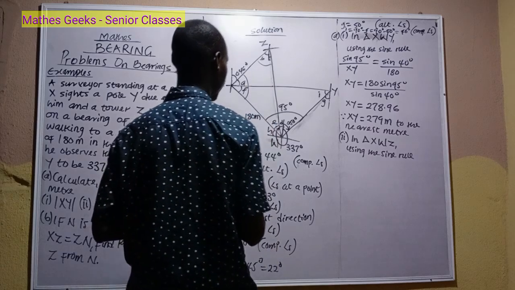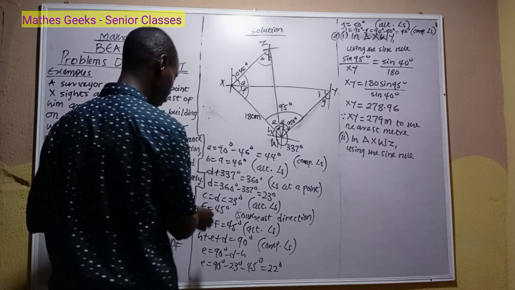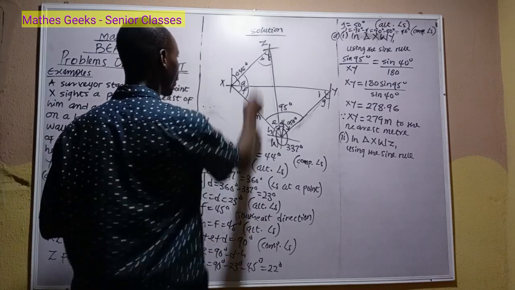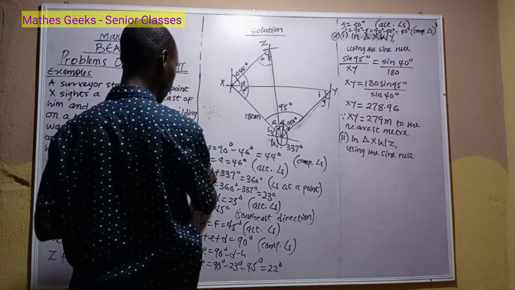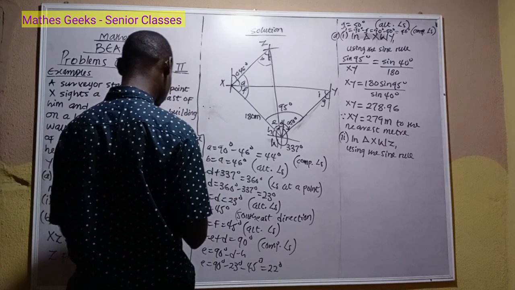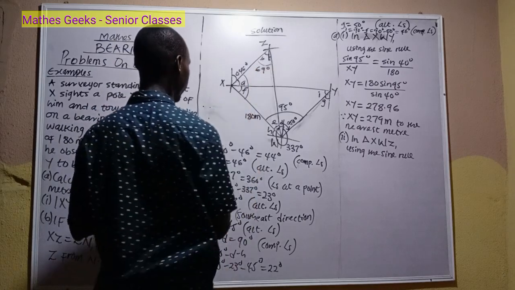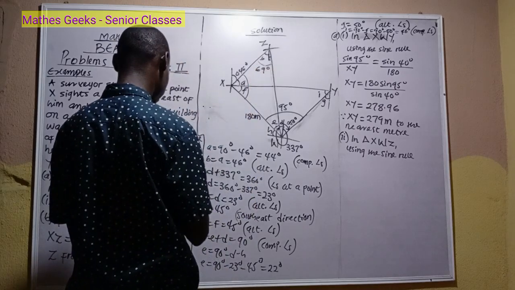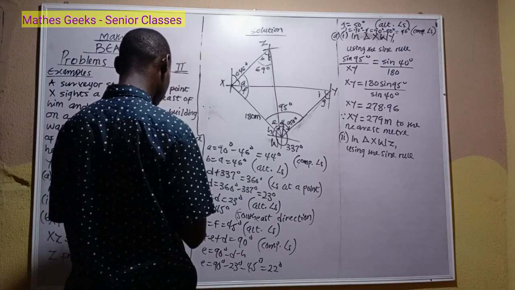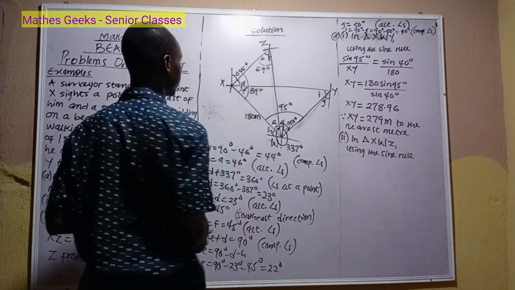So B plus C is 46 plus C, which is 23, 69 degrees. And A plus F. A is 44 degrees, and F is 45, that's 89 degrees.